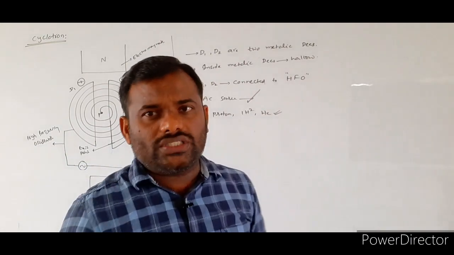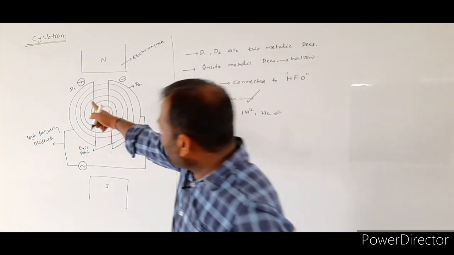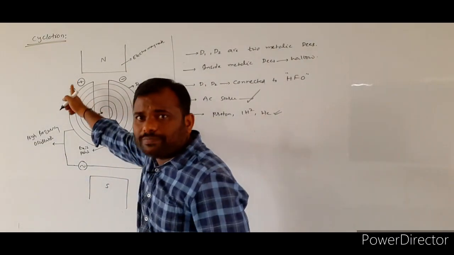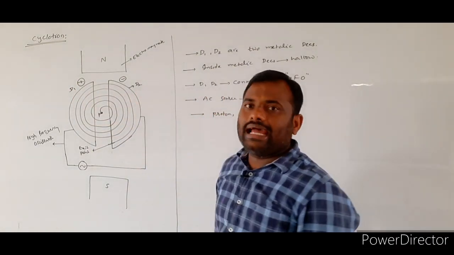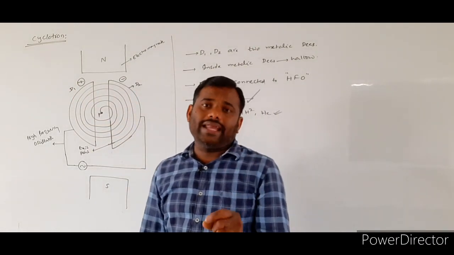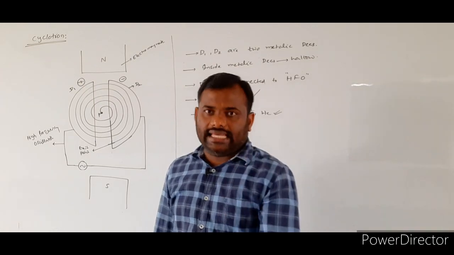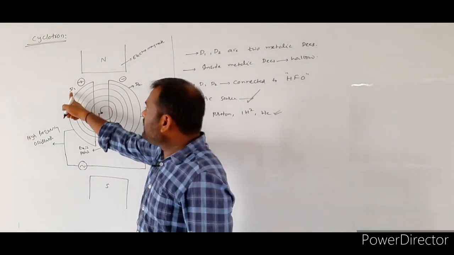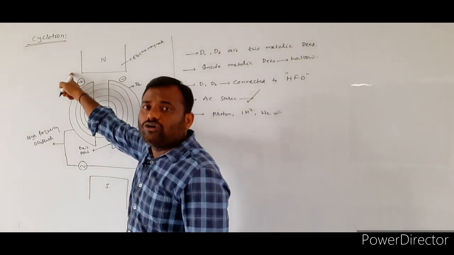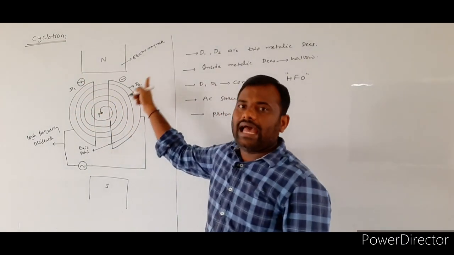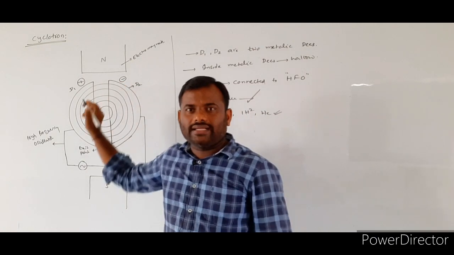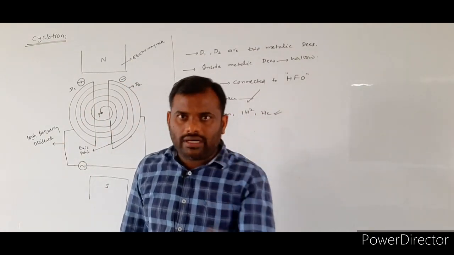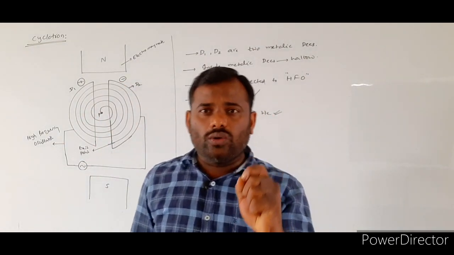For the next half cycle, the negative half cycle, D1 will be acting as the negative plate and D2 will be acting as the positive plate. This point we have to remember in the working of the cyclotron.